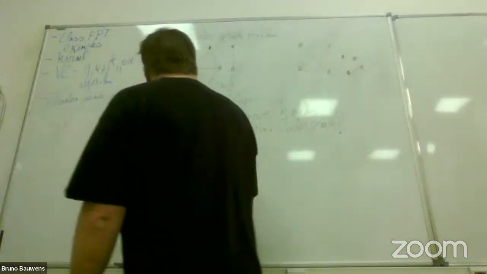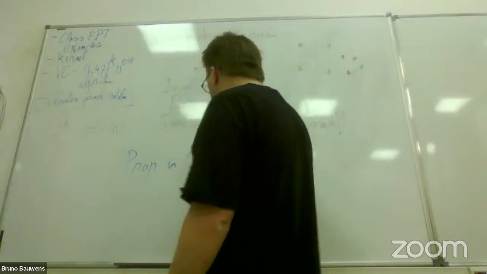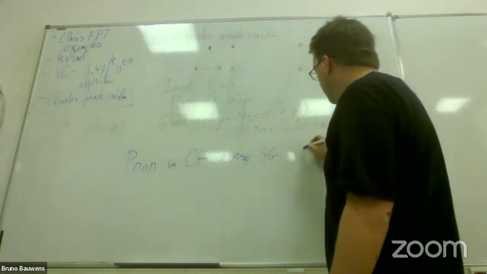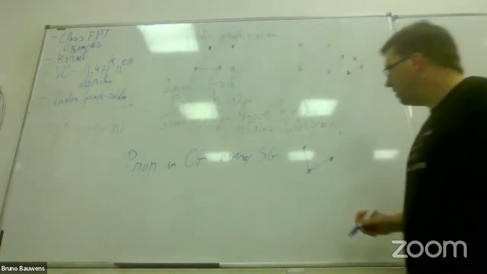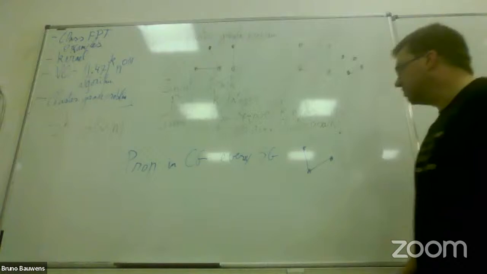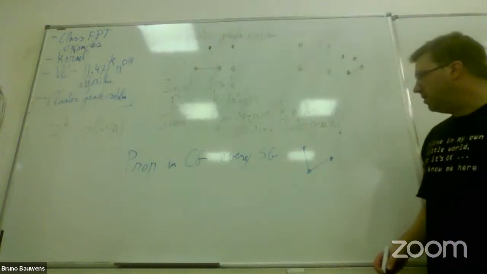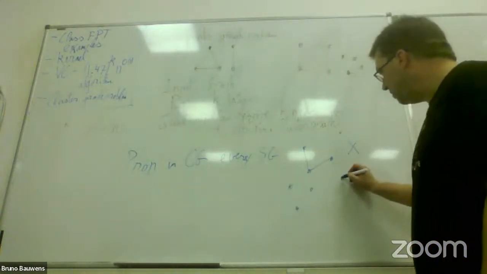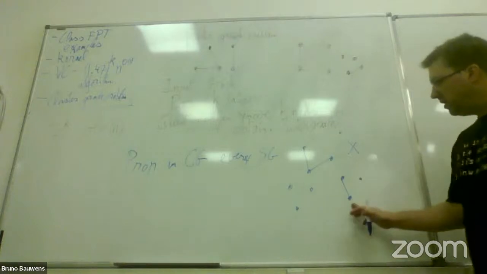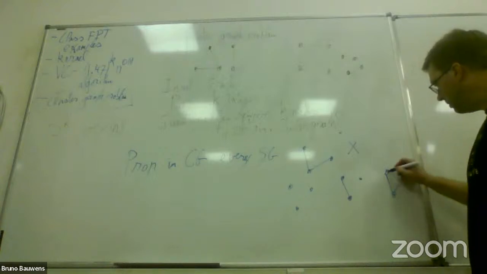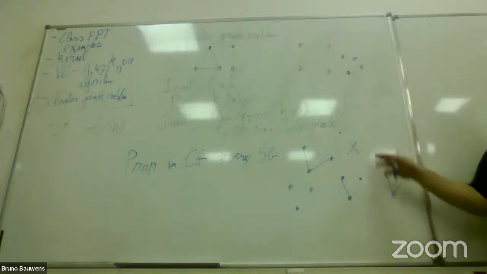So the property in a cluster graph: every subgraph of this form, so for every 3 nodes, we cannot have this, but we can have 3 isolated nodes, or one node and another node, or a triangle, up to permutations.